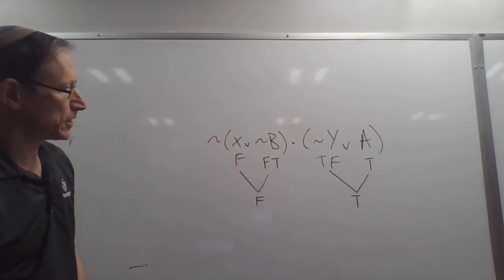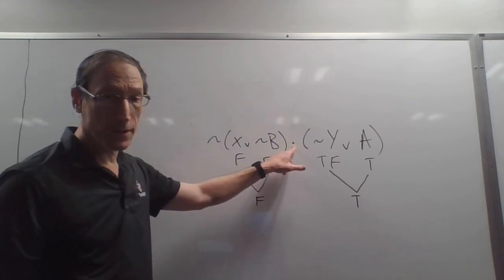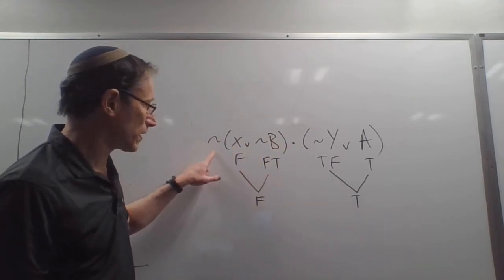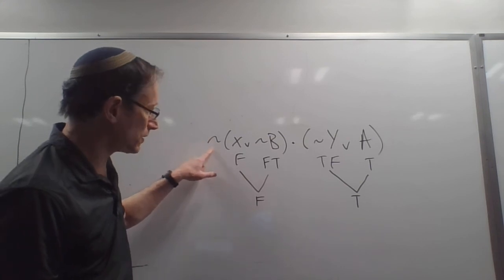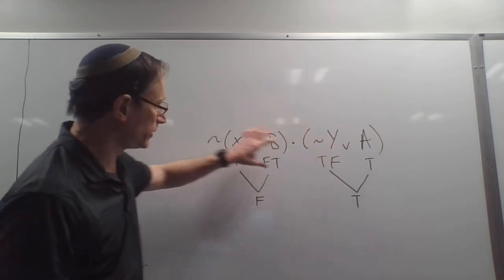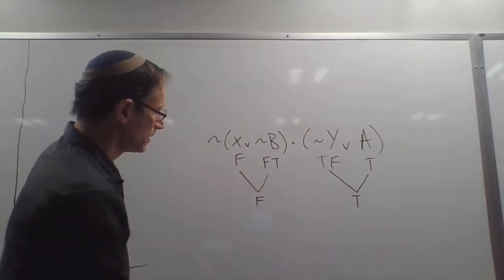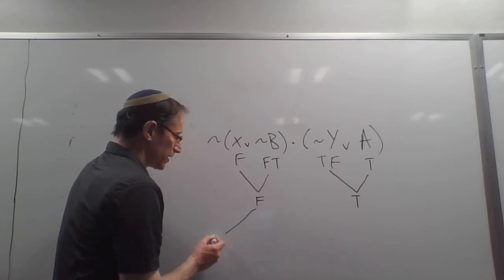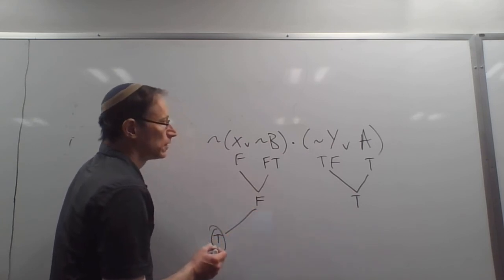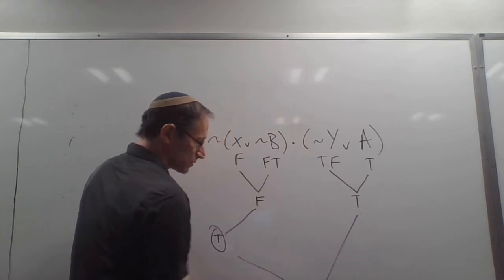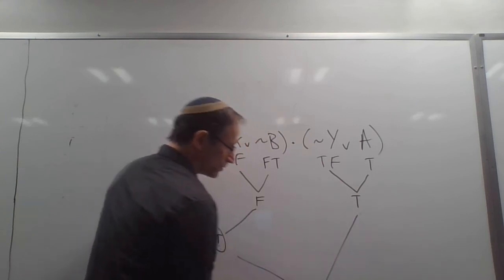Okay, now what should I do next? I've got the dot here, but I also have the tilde here. Well, the tilde over here doesn't govern the whole thing, right? It only governs the X wedge not B. So I'm going to say that tilde this whole thing is true, and then I have T dot T, which is also in the end true.